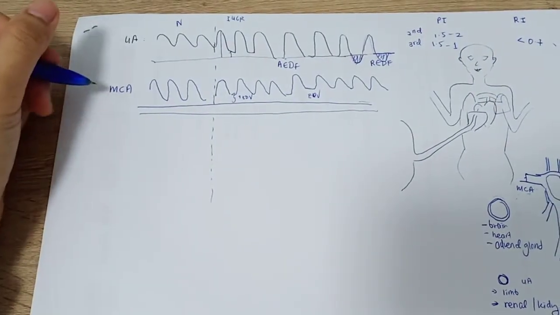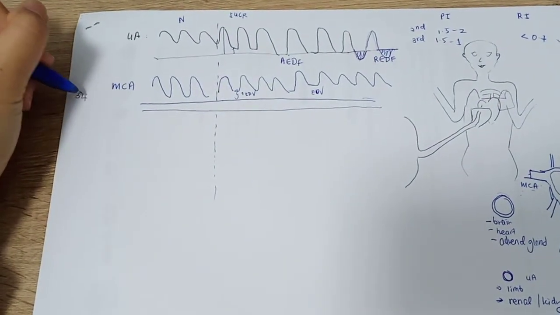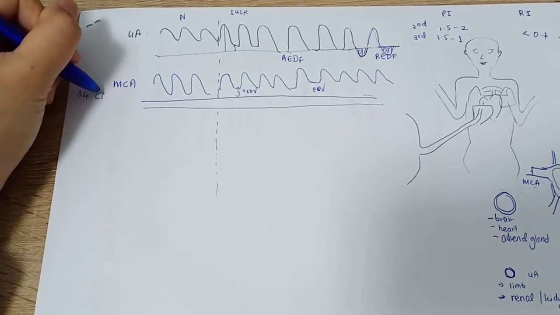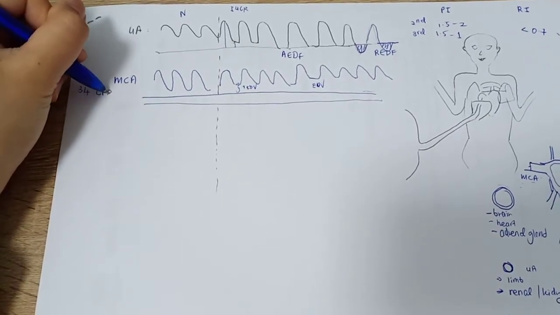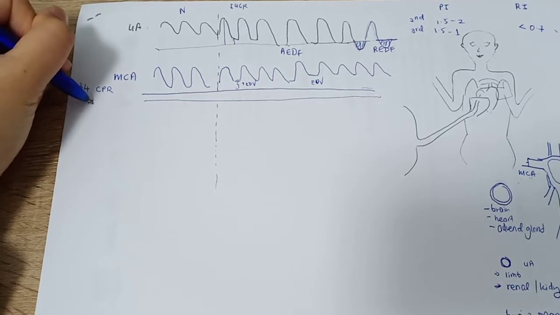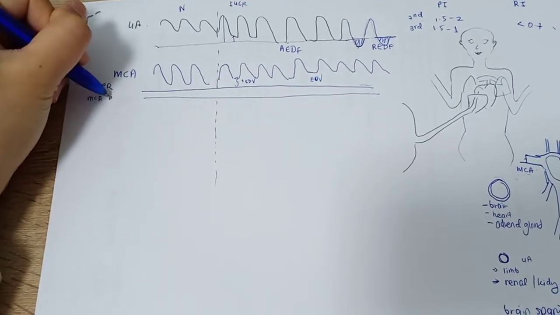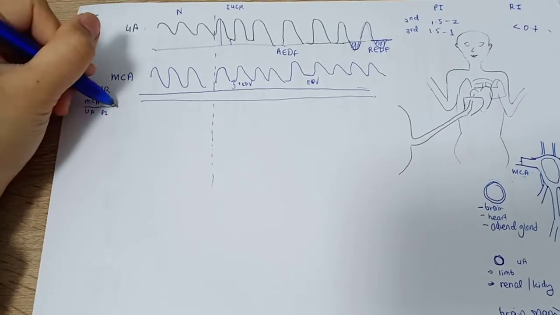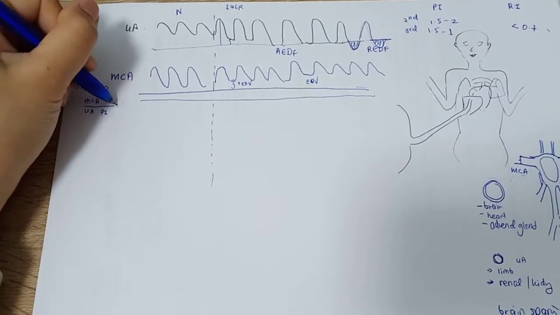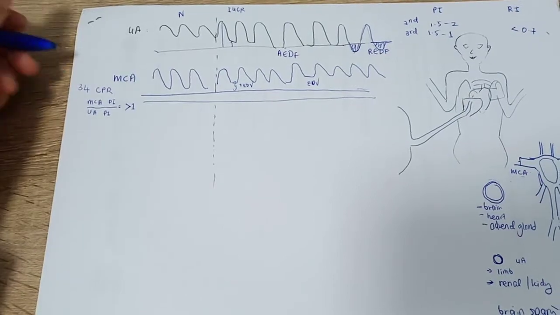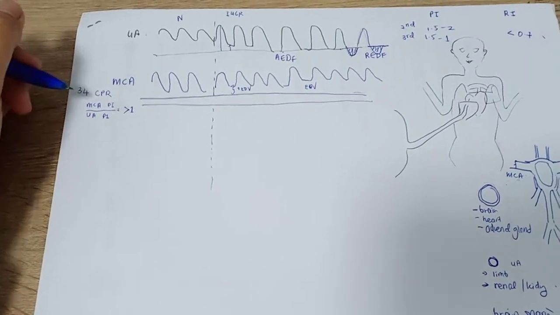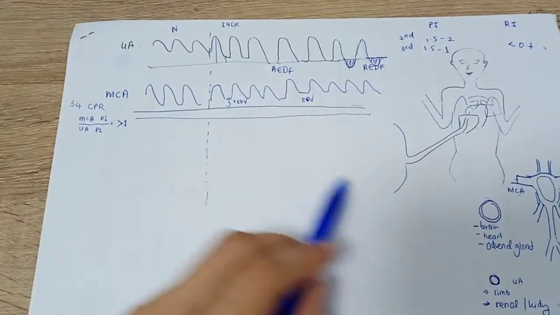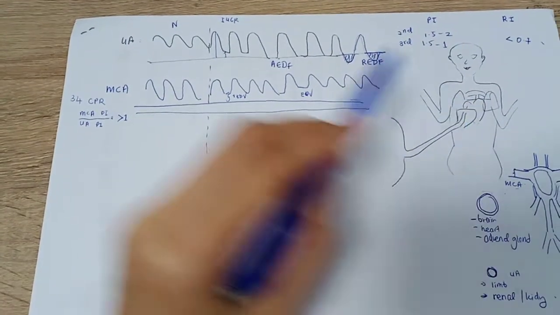So that is why after 34 weeks, usually we take the cerebroplacental ratio, the CPR, where we divide the MCA PI by the umbilical artery PI. If it's more than 1, then it is a very good value that this fetus is not affected.